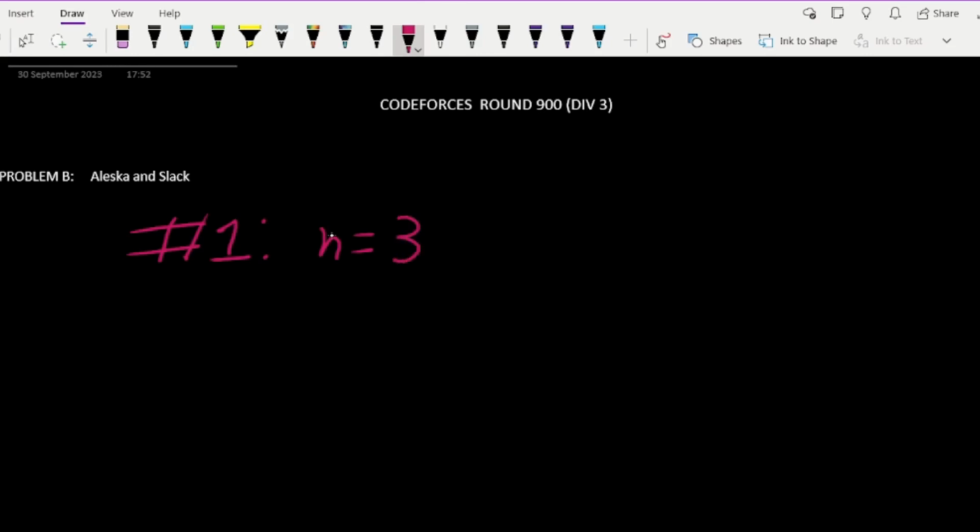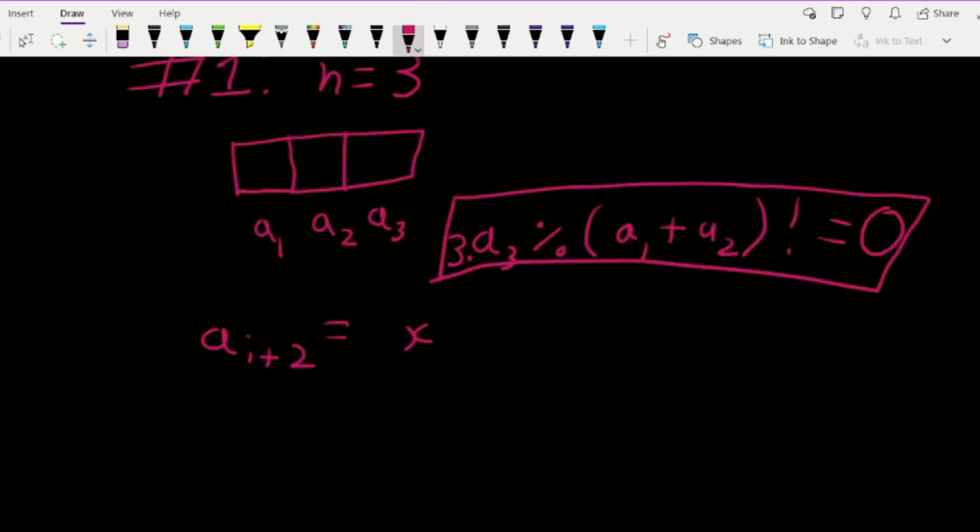Basically, we have to construct an integer array of size n, right? So in this case it is 3, such that, consider this as a3, a2, a1, this particular condition should hold good, that is 3 times a3 modulus a1 plus a2 should not be equal to 0.